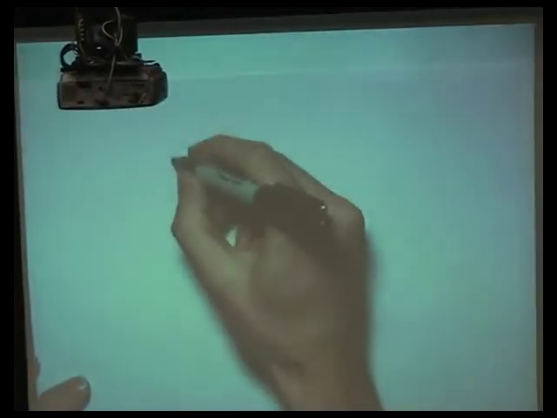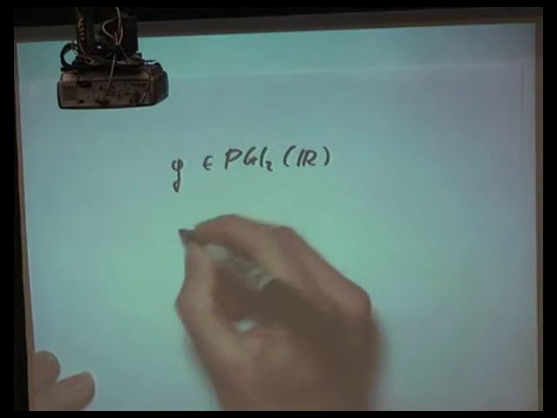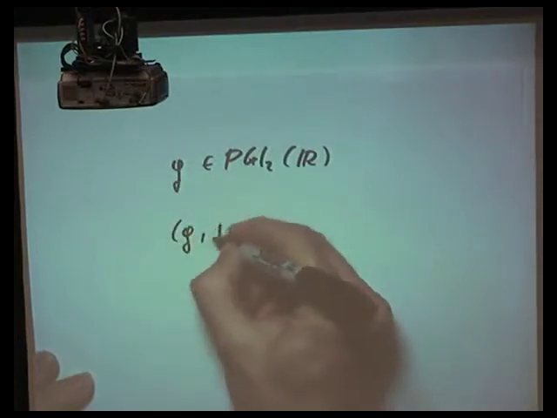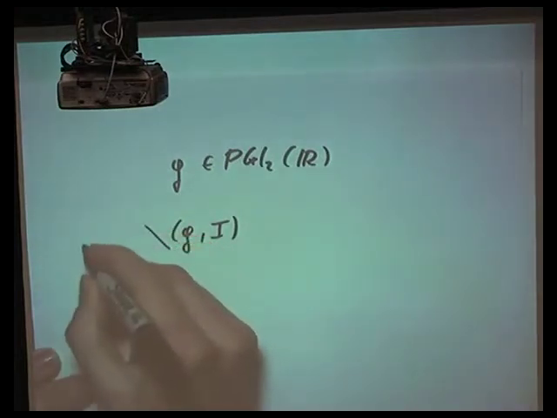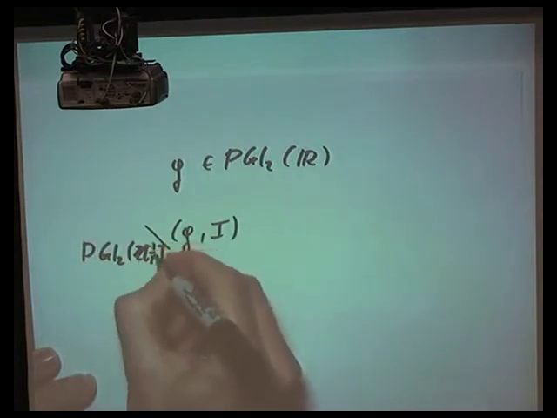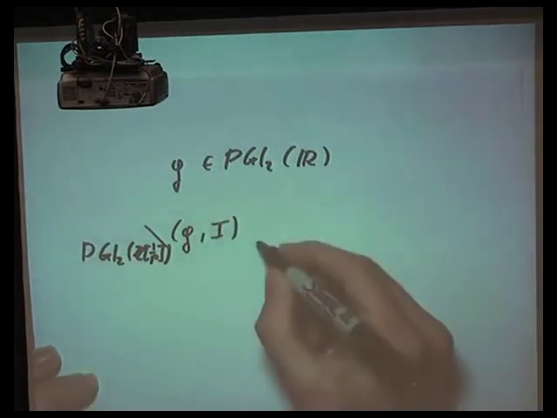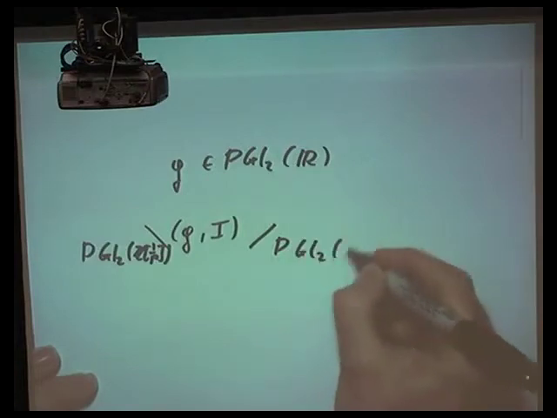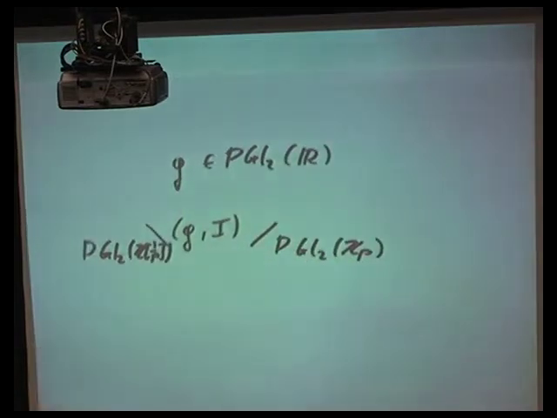If you have an element g in PGL2(R), then obviously you can look at (g, identity) and quotient out by PGL2(Z[1/p]) on the left, and maybe also on the right by PGL2(Z_p). So you have a map from PGL2(R) to this double coset space.